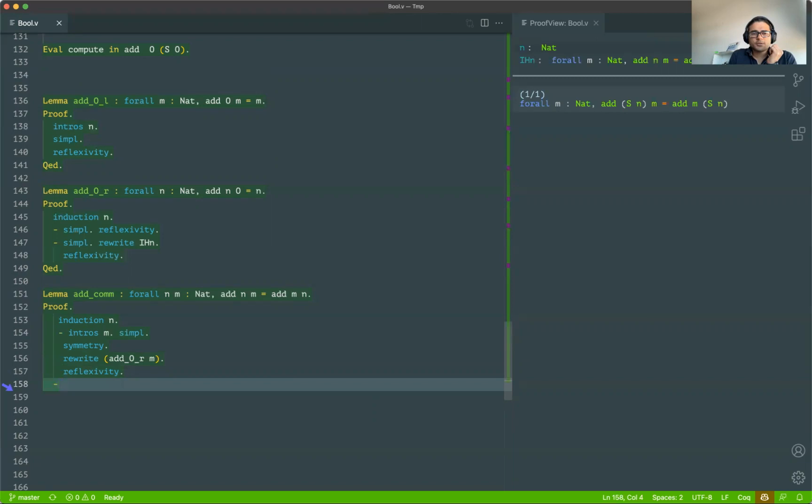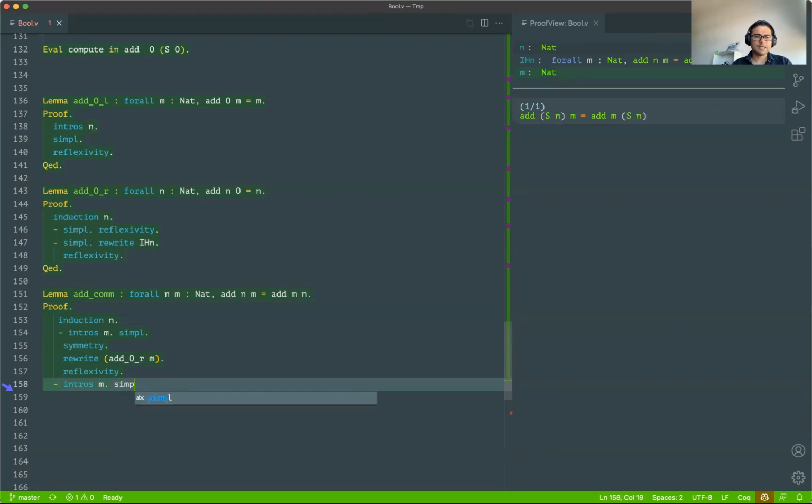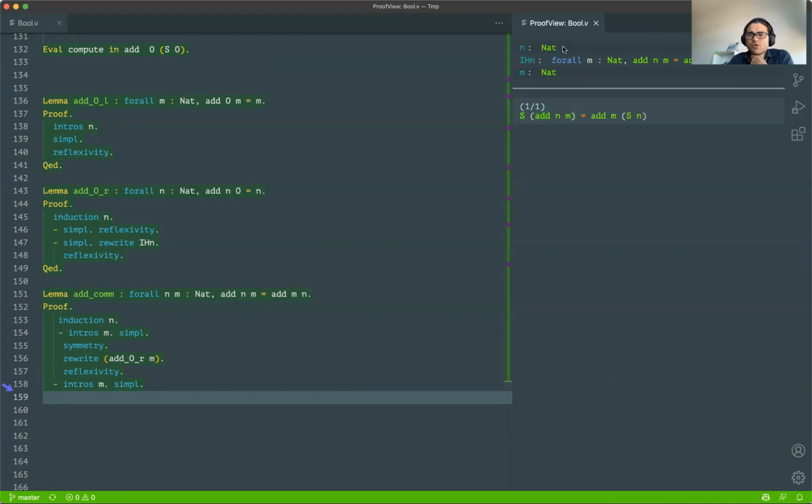So let's go for the next proof. I do intros M, and I do simplification. Let's see, what do we have here? I have an arbitrary natural number n. I have an induction hypothesis which says that for all m.